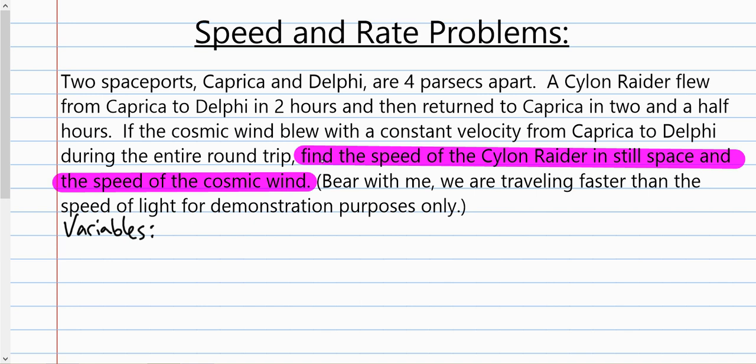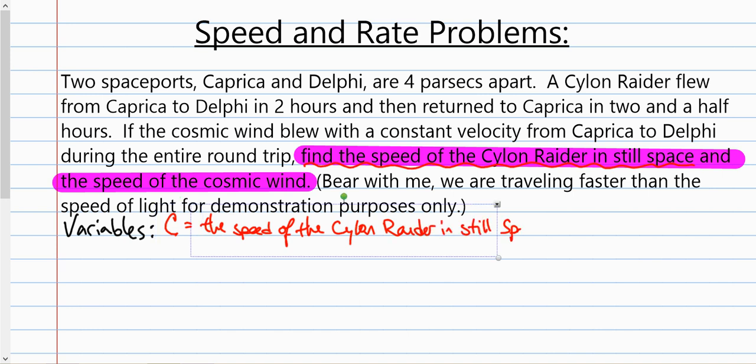We're going to let maybe red be the speed of the Cylon radar. We could call that C for Cylon radar. Don't forget the units. In this case, the units are going to be parsecs per hour, PC per hour.